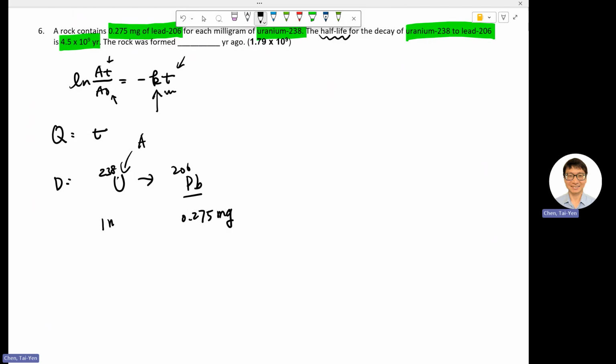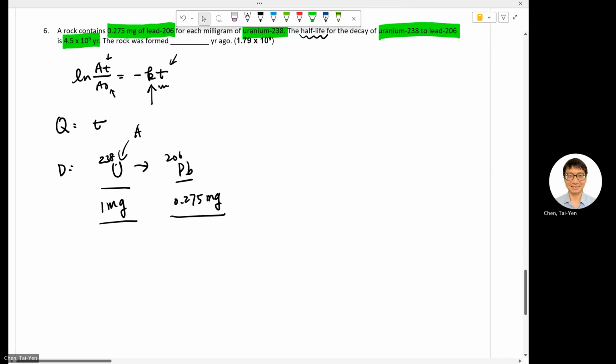There is 1 milligram of U. You're going to have that much PB. So it tells you the mass, right? But you cannot use the mass for your AT and A0. You must either use the number of atoms or moles of atoms to do your calculation, right?